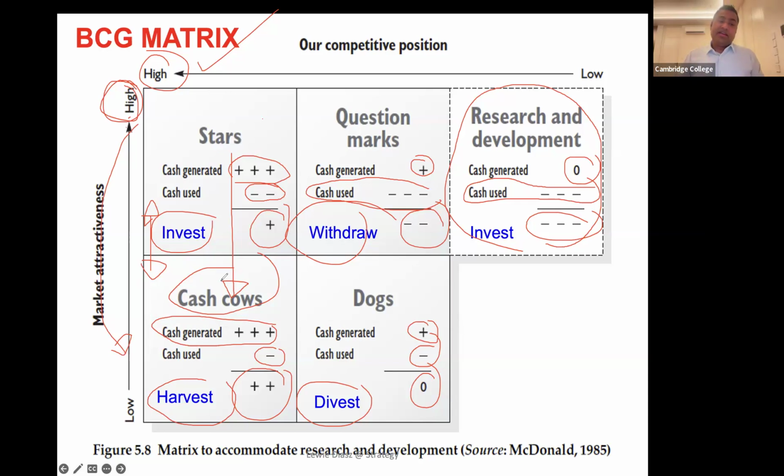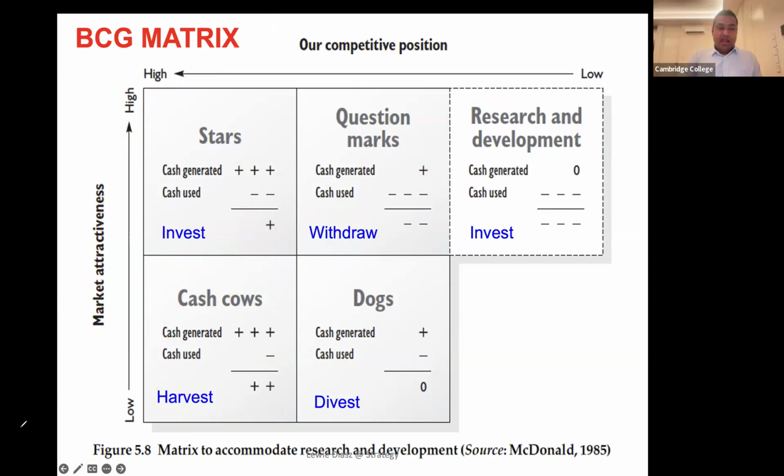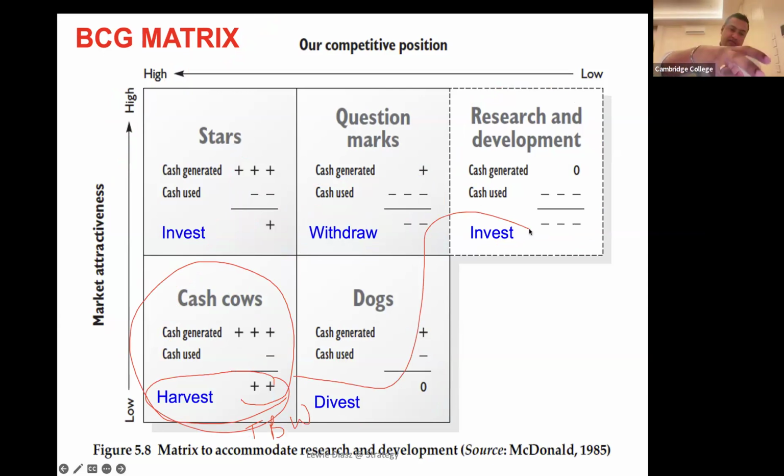So the challenge here is, BCG says that cash cows are today's breadwinners. Today's breadwinners. Why? The money that you earn from here, you are funding all these losses you're funding by harvesting the brands that are here.